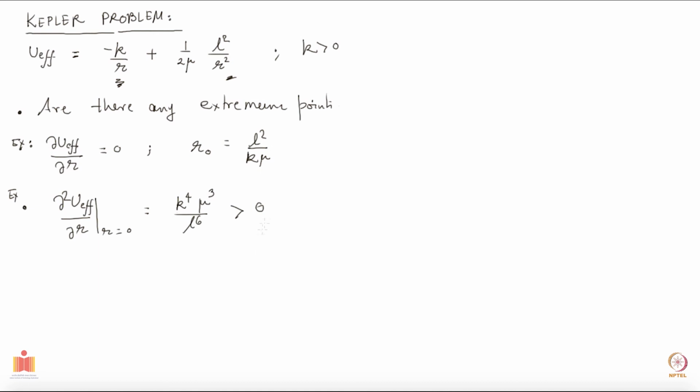The other solution which you will find here corresponds to r equal to infinity. Of course, at r equal to infinity, you don't have any extremum. It's not a local extremum; it's just falling off to 0. So you have one and only one extremum, and that is a minimum in this case.